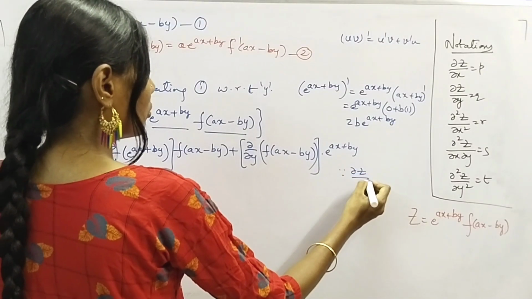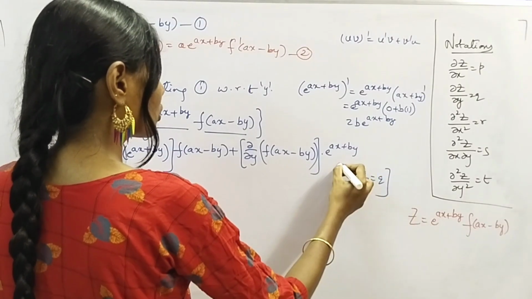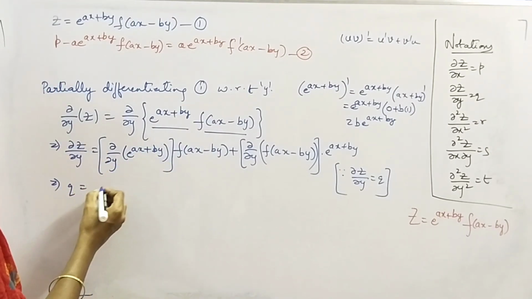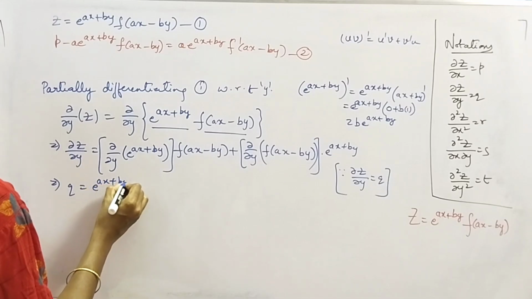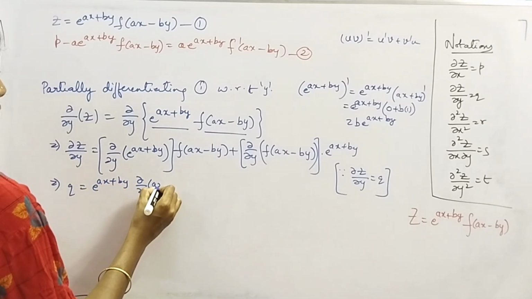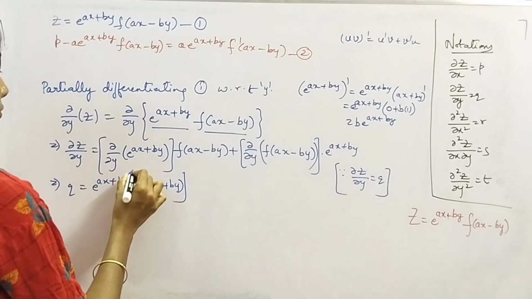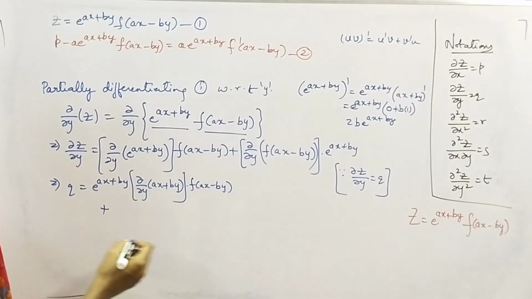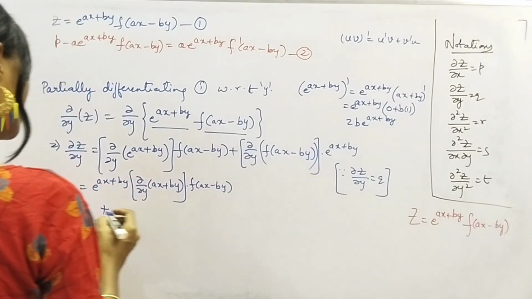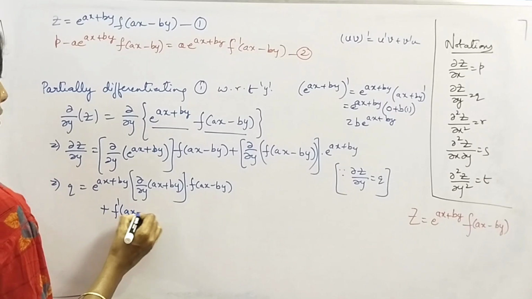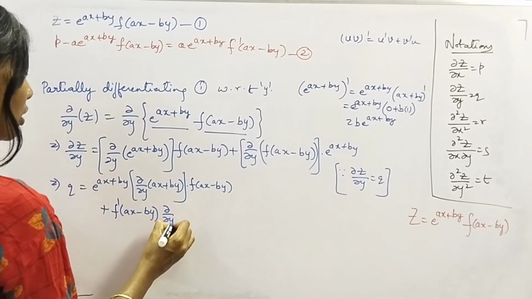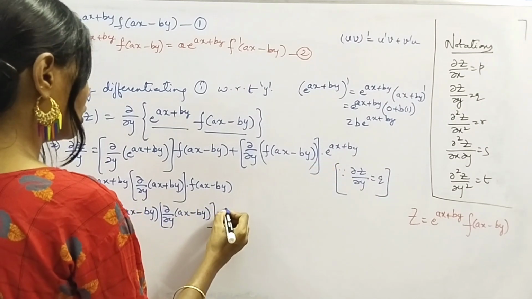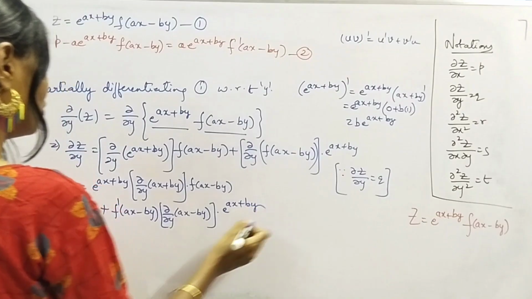And also we know that dou z by dou y can be replaced by the notation q. So we'll just replace it by q. We'll get q equal to the partial derivative of e power ax plus by with respect to y, which is e power ax plus by into the inner derivative, into f of ax minus by, plus the partial derivative of f of ax minus by with respect to y, which is f dash of ax minus by into the inner derivative dou by dou y of ax minus by, into e power ax plus by, right?